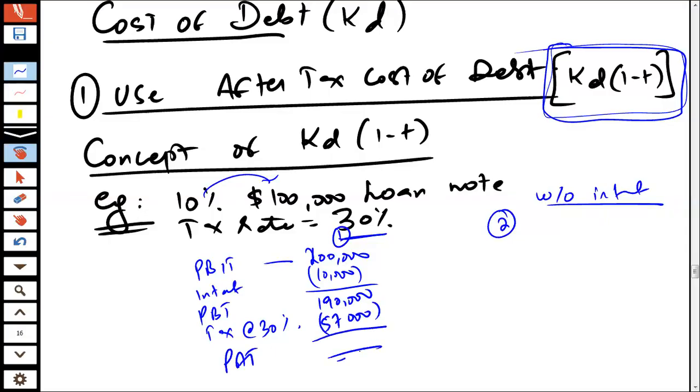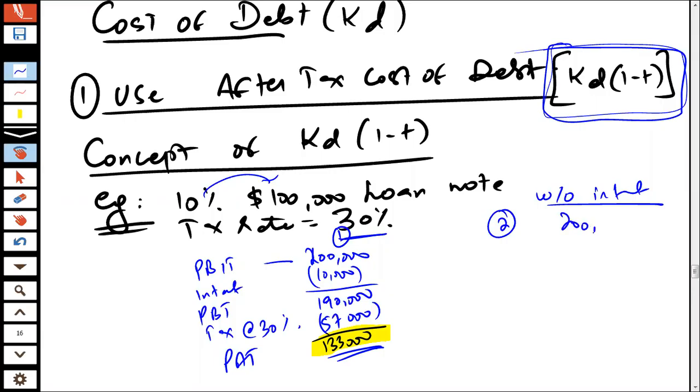And what we end up getting is the profit after tax. So the profit after tax turns out to be 133,000. Let's move a bit forward and discuss further.